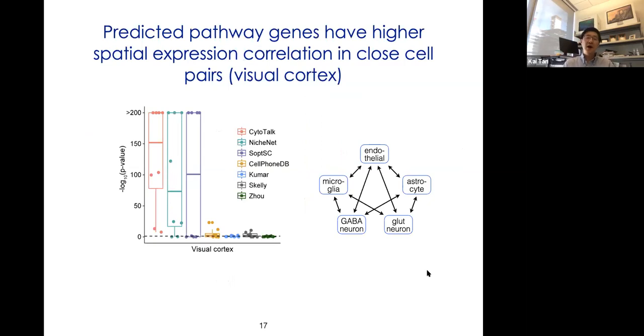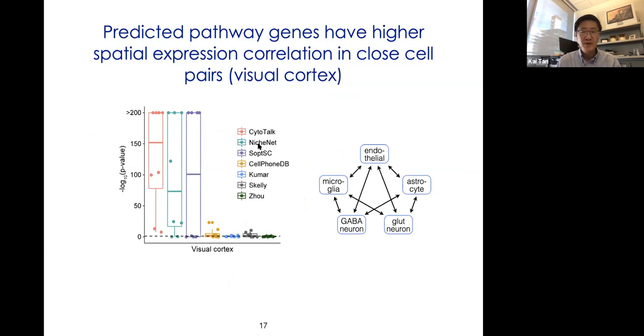Okay, so using that metric based on physical distance, we compare cytotalk to several other published methods. These four methods, CellPhoneDB, Kuma, Scaly, and Zhou et al., only predict ligand receptor gene pairs.